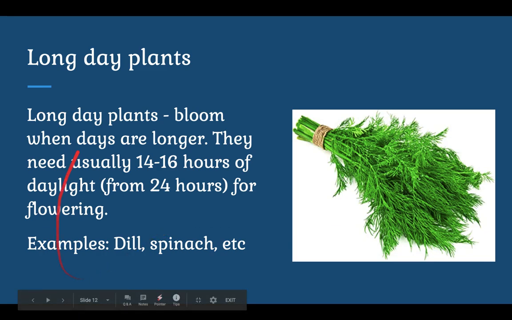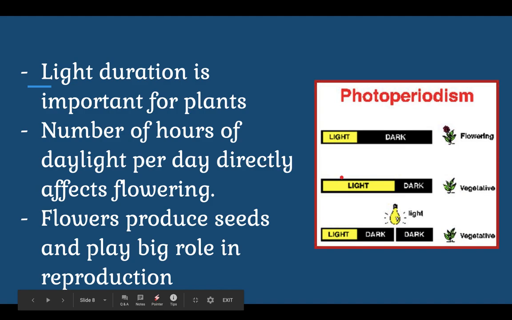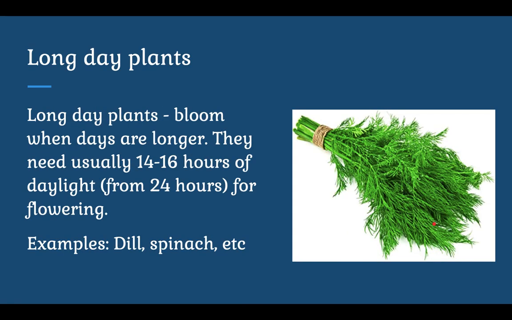Long day plants, see in the picture, have more light than dark, 14, 16 hours, and then they will give a flower. But the short day plants have light for 8 or 10 hours and the rest is darkness. They will give flowers, as you see in the picture.